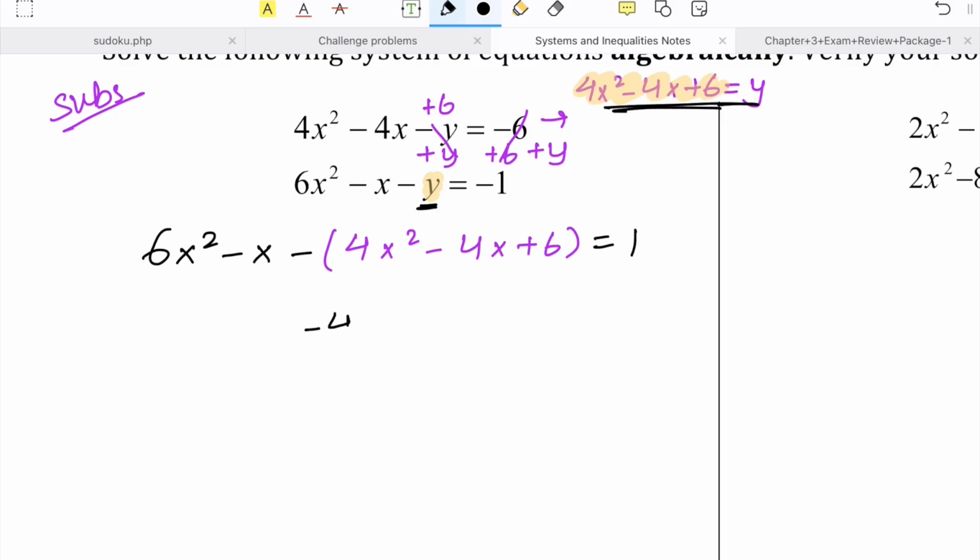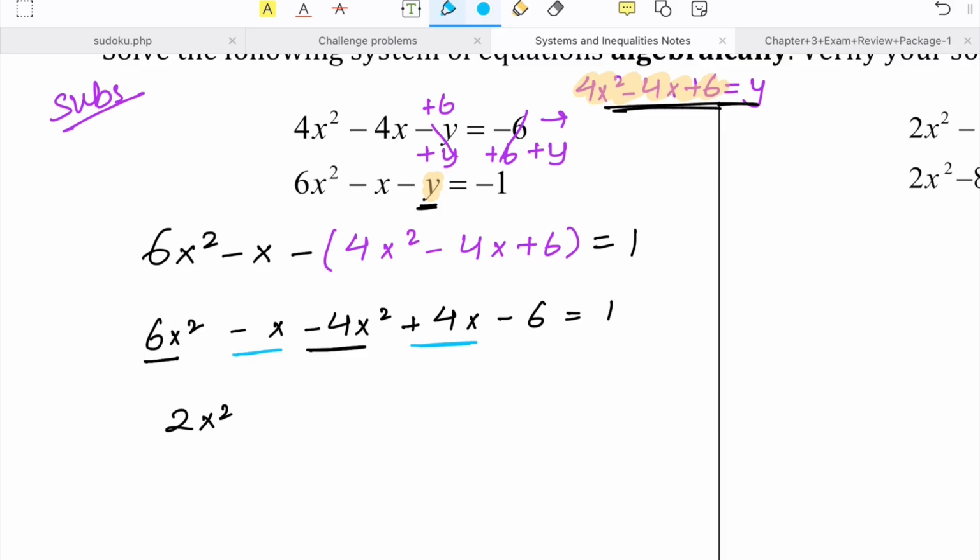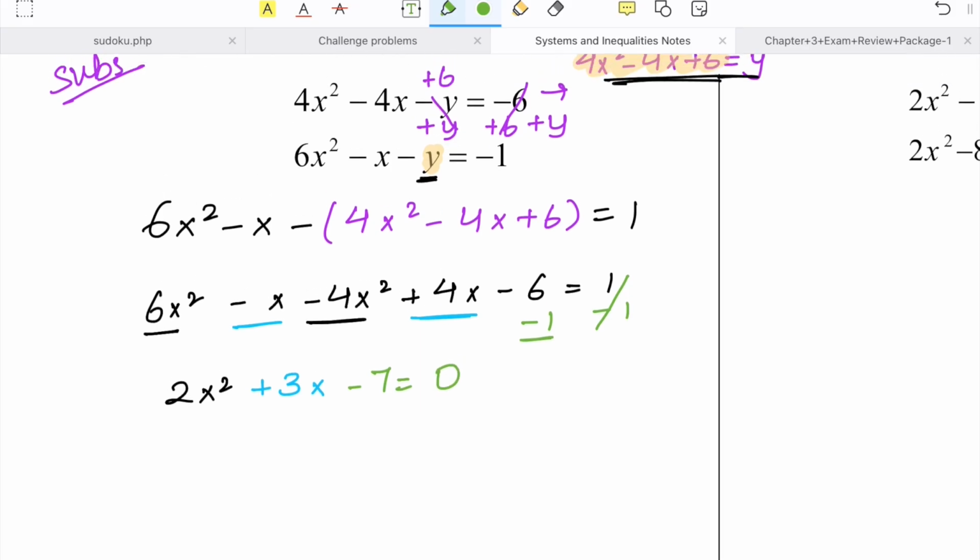Negative 4x squared plus 4x minus 6. Now 6x squared minus 4x squared is 2x squared. Minus x plus 4x is positive 3x. Subtract 1 on both sides and you get minus 6 minus 1, which is minus 7. Any questions so far?